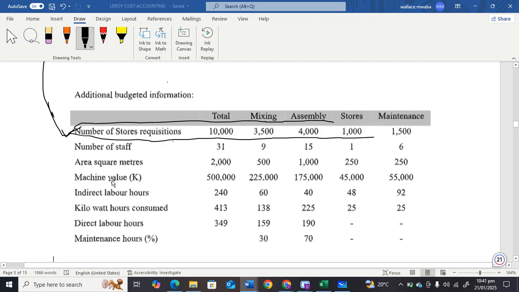Wages, I've never seen wages in this additional budgeted information. You rarely see wages. If it's for direct labor, it will be direct labor hours, and you'll find the direct labor hours there. If there's no direct labor hours, you have to look for something that's in close relation with labor.